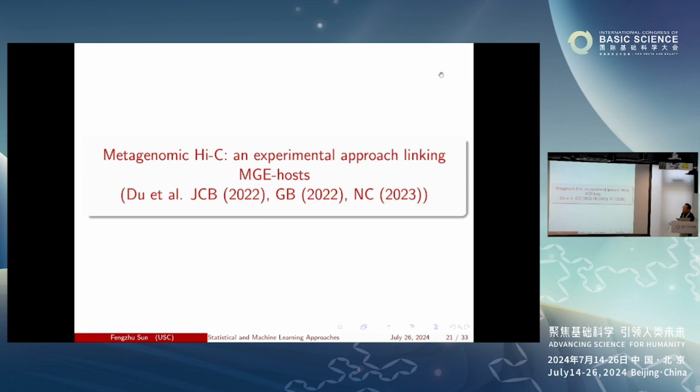Okay, in the last 10 to 15 minutes, I will change the topic a little bit. In the topic that I just talked about, we only gave the sequence information. So we did not see in this particular sample whether there is virus-host interaction.